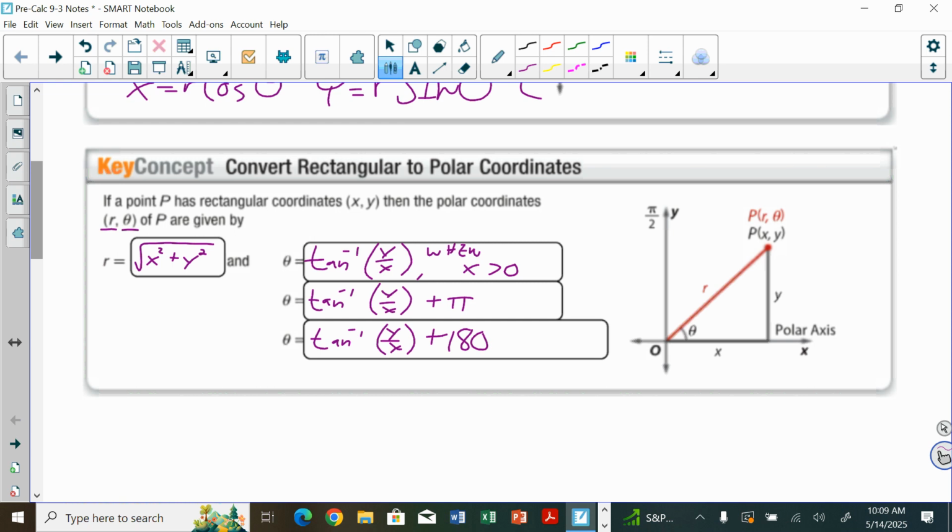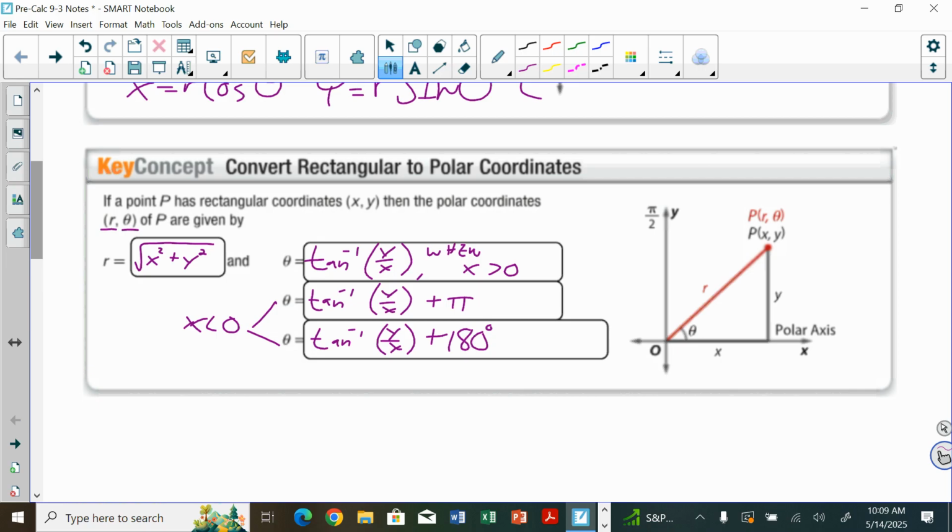If we're talking degrees, you would add 180 degrees. So these two are when x is less than 0. If we end up getting a negative x value, then we would have to add pi or add 180 to it. Fairly simple there.